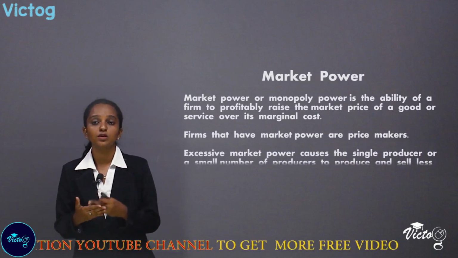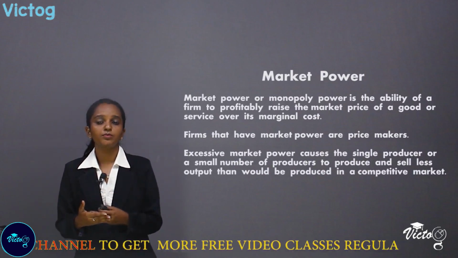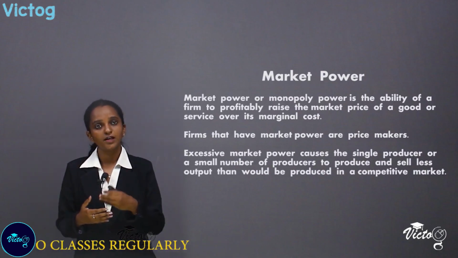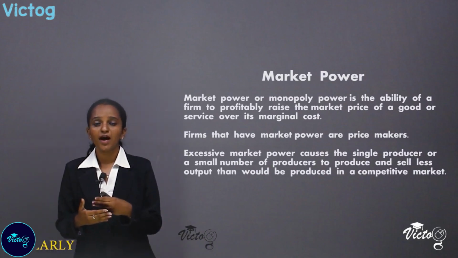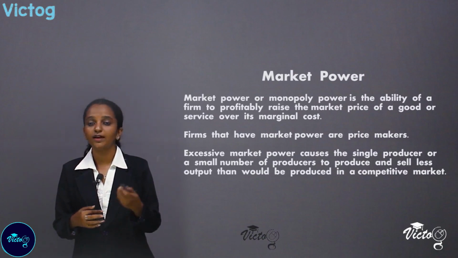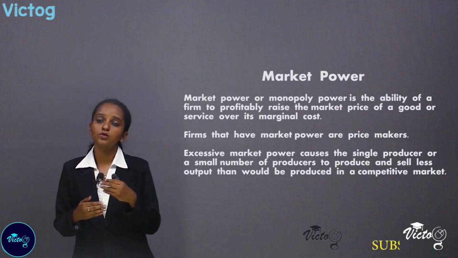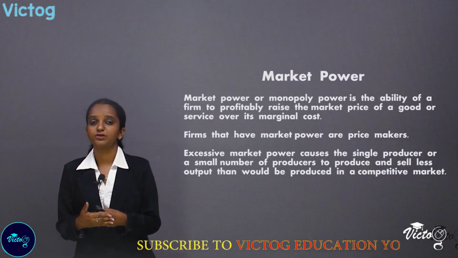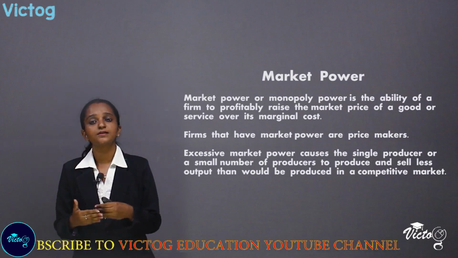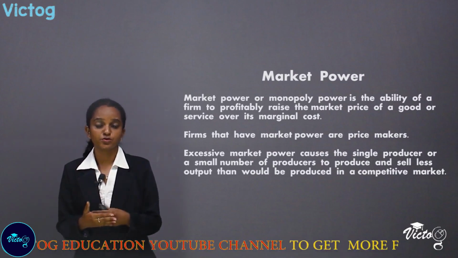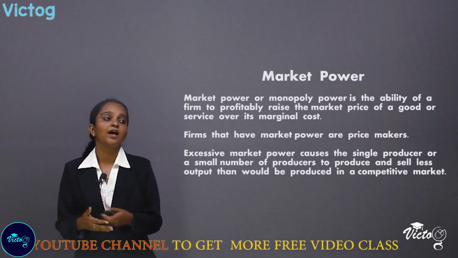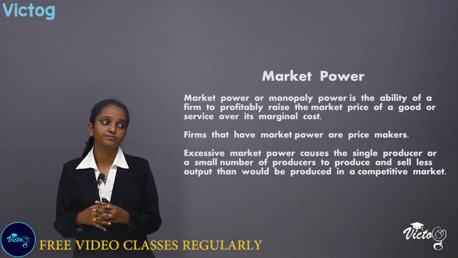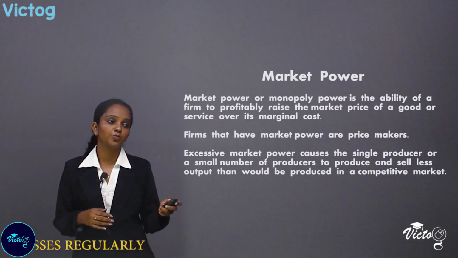In such cases, what will a producer do? In a monopoly market, the producers will always be producing at a less than equilibrium output so as to keep the price higher, because they will always supply less than the demand for that particular product. So when demand is greater than supply, this will always lead to an increase in the price, and finally it will enhance the profits of the monopoly producer.